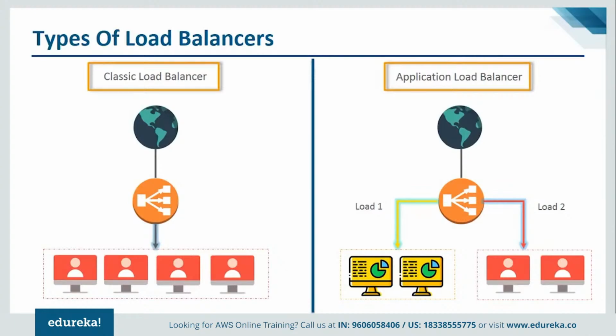Now when you have divided the traffic, again the same thing will happen here as happens in classic load balancer: it will equally distribute the traffic among the number of image servers, right? And similarly, for the people who want to access the blog, it will equally distribute the traffic among the blog servers. All right, so this is what an application load balancer is all about.